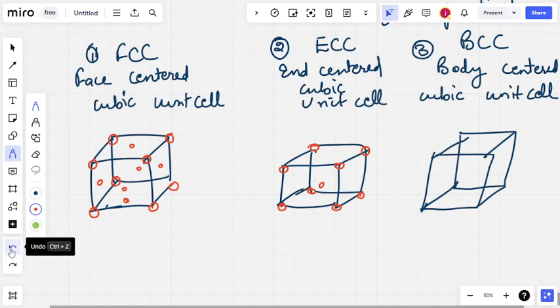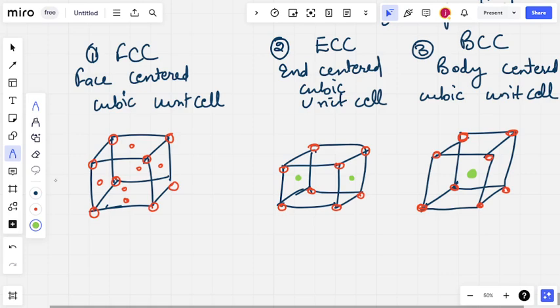So we can draw one here and the other here. In body centered, 8 constituent particles are present at the 8 corners of the unit cell, and then 1 particle is present at the body of the unit cell.